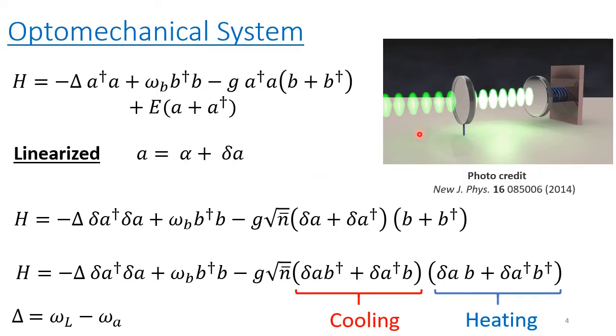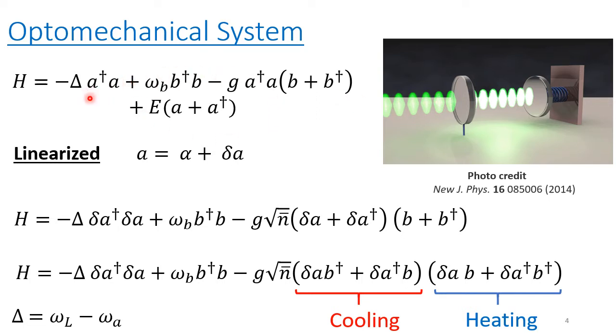So a typical optomechanical system consists of a cavity mode which interacts with the mechanical resonator, and this cavity is pumped via some external coherent drive. The Hamiltonian of this system is given here.